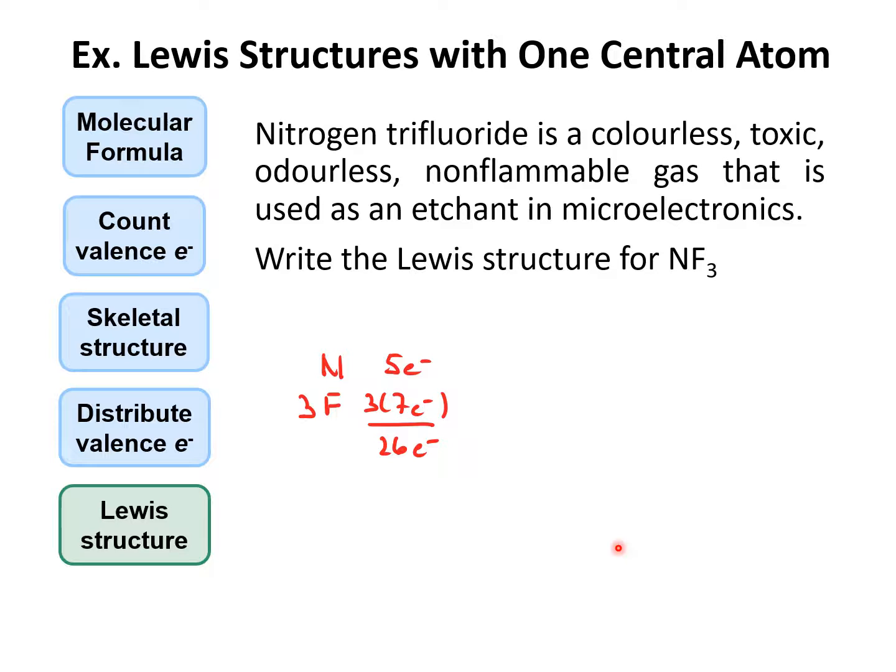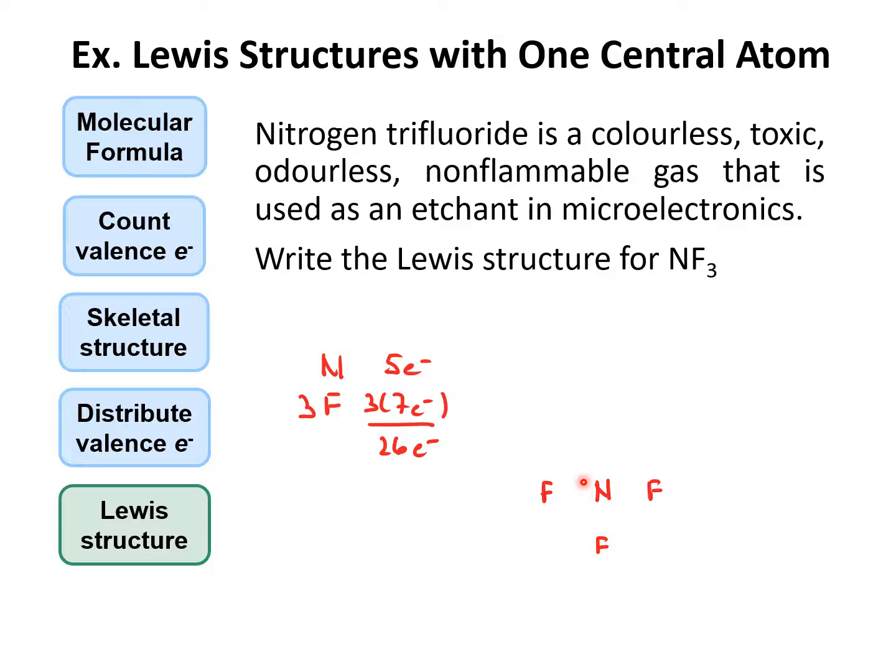Now, in order to write the skeletal structure, we should recall that nitrogen is the least electronegative element in the molecule, and so therefore nitrogen is the central element. Fluorine, being more electronegative, forms the terminal atoms in the molecule, and so our nitrogen atom is surrounded by 1, 2, 3 fluorine atoms.